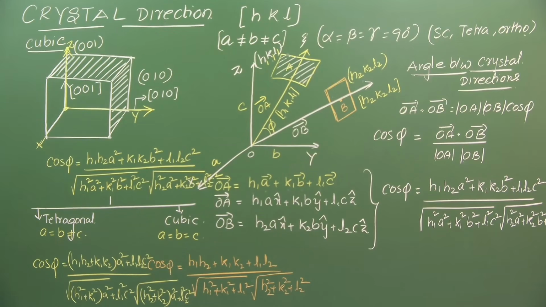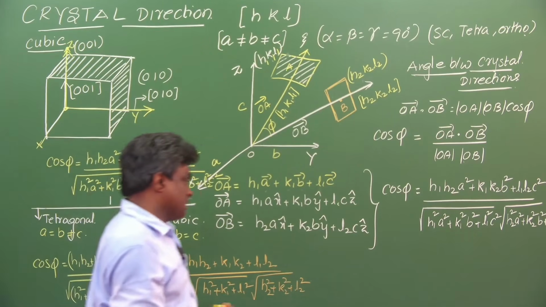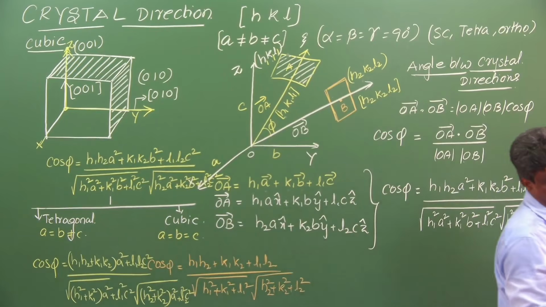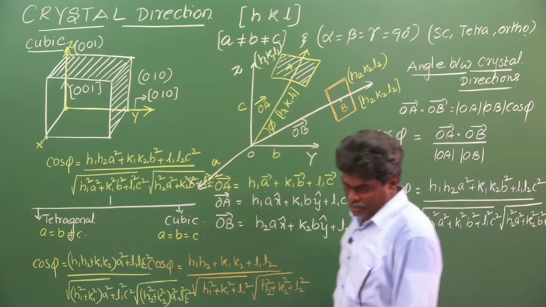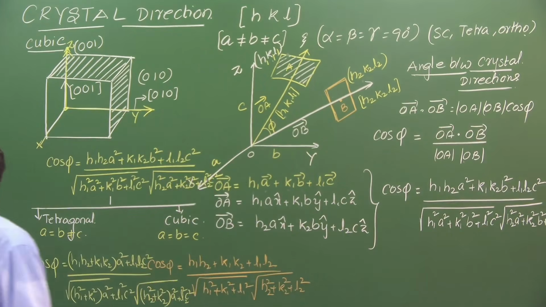They will give the Miller indices of two planes and they will ask what is the angle between those two crystal directions. That's it. So what is the formula? Please remember this. More general one is this one. H1 H2 A square plus K1 K2 B square plus L1 L2 C square by under root H1 square A square plus K1 square B square plus L1 square C square into under root H2 square A square plus K2 square B square plus L2 square C square.